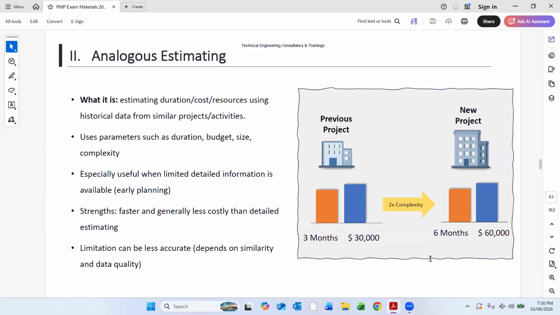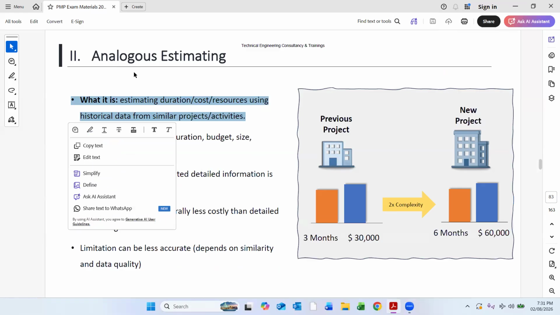Analogous estimation. What is analogous estimation? It is estimating duration, cost, and resources using historical data from similar previous projects or activities. Here, we have a previous project of 3 months and $30,000.